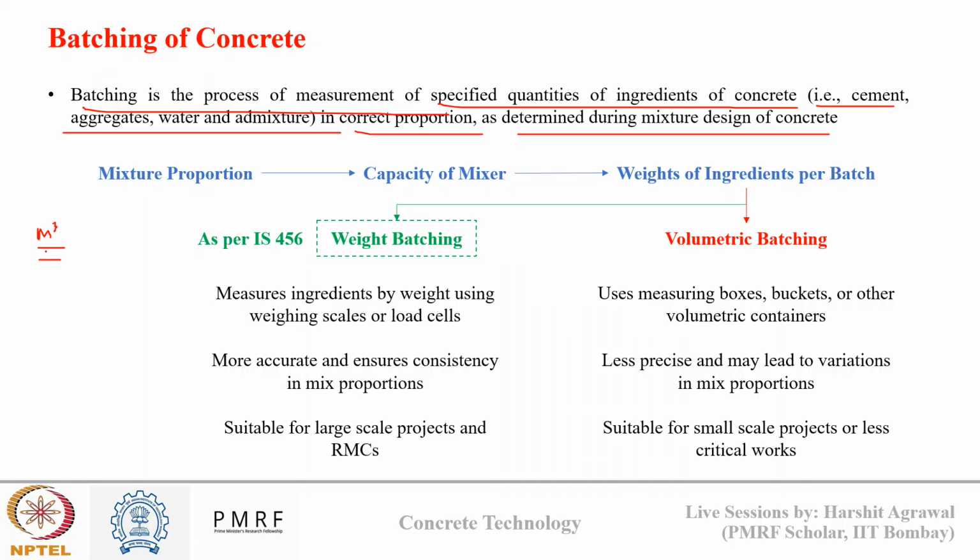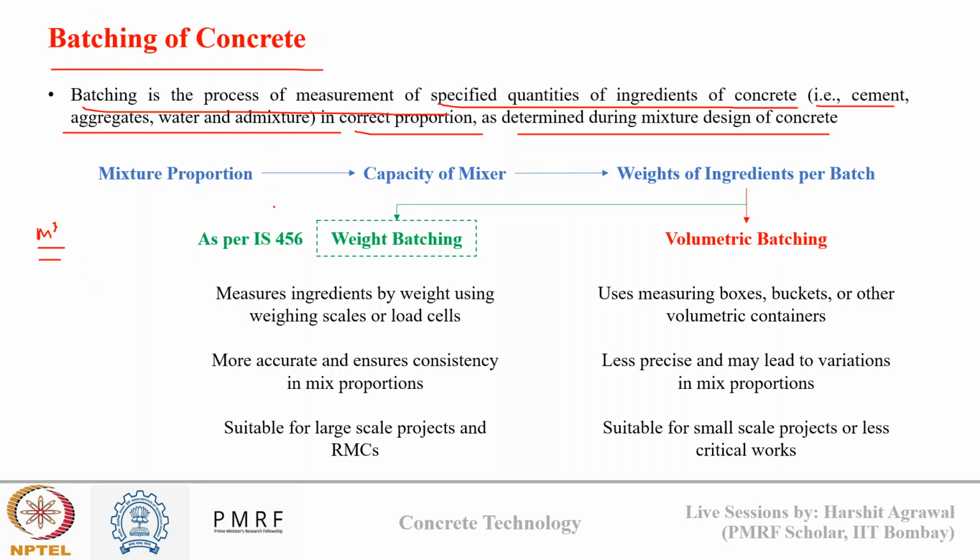However, on site we may require more quantity of concrete, or my mixture may not be capable of mixing 1 meter cube of concrete. So I need to take all the ingredients as per the batch capacity. And for this, batching of concrete comes into action.